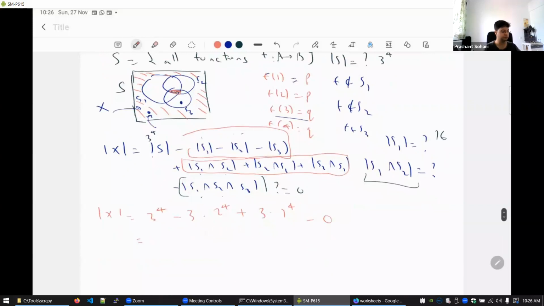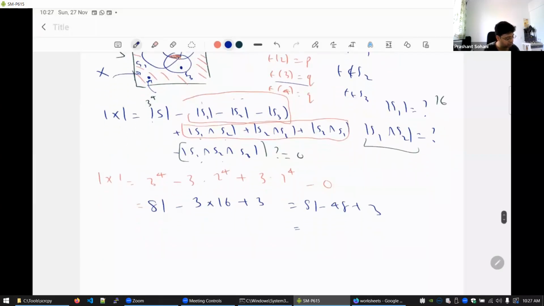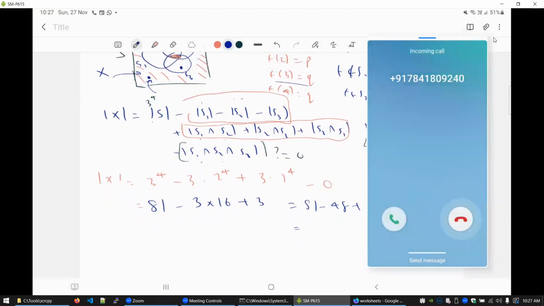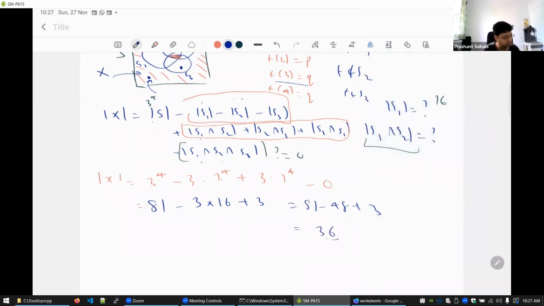So how much is this coming to be? Yes, it is coming to be, is it 36? Yes. Okay, so it is matching the answer that we got earlier.